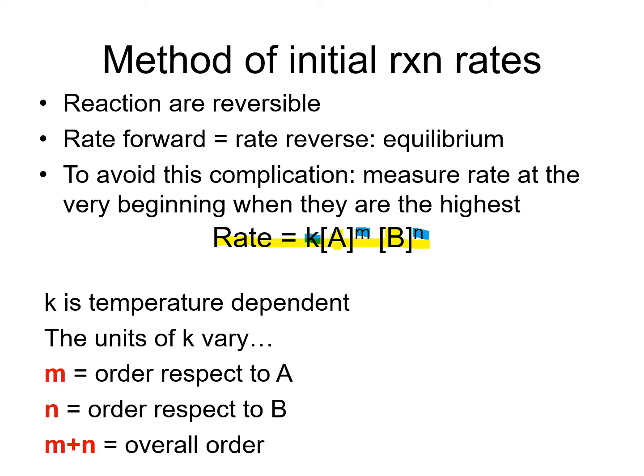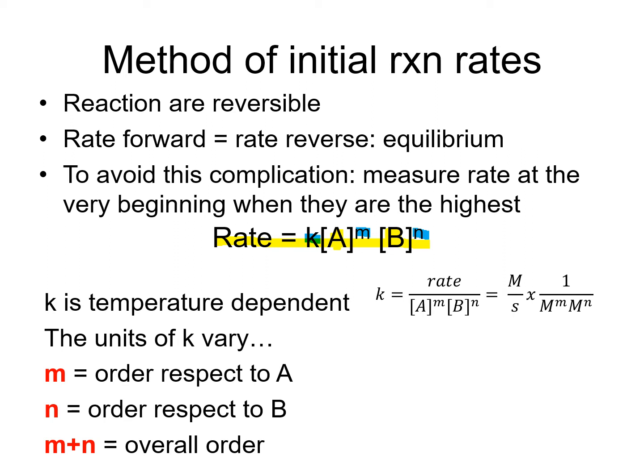The k has units, and the units depend on the values of m and n. So think about solving for k. k would be equal to the rate divided by the concentration of reactant A raised to the m power and the concentration of reactant B raised to the n power.